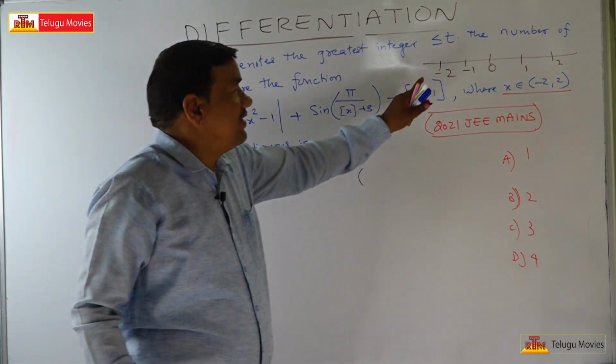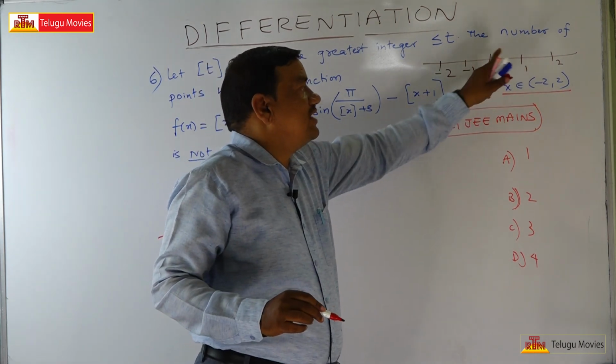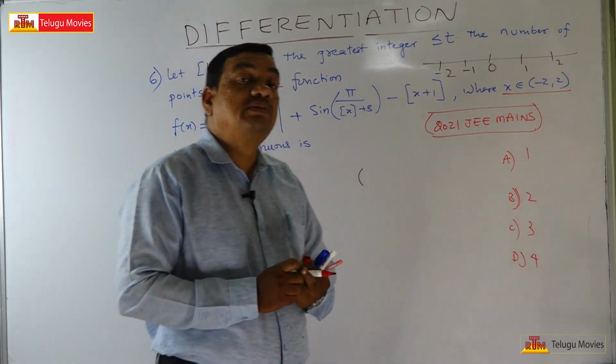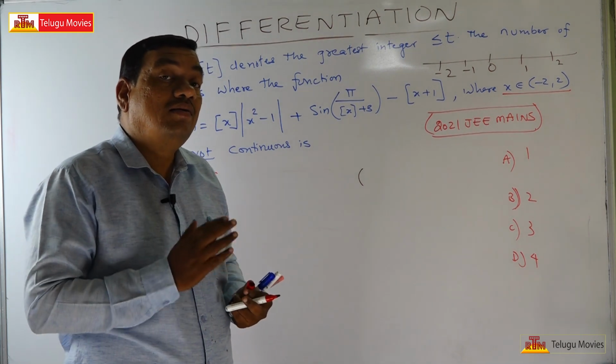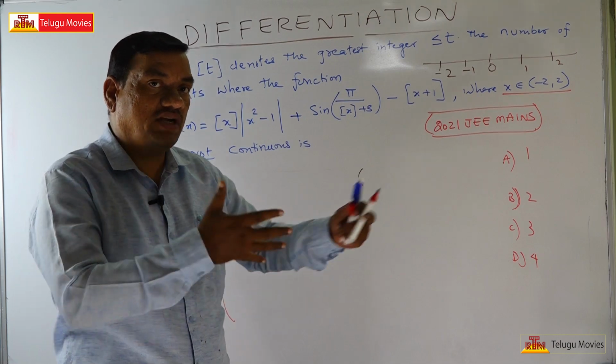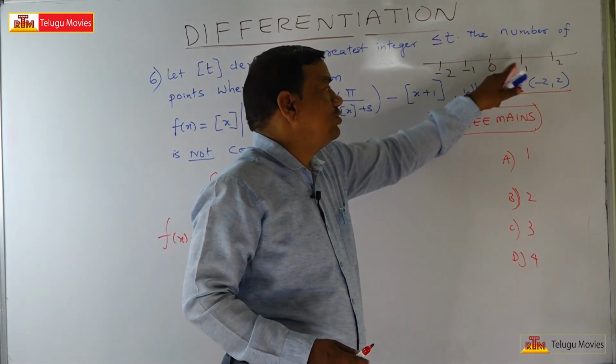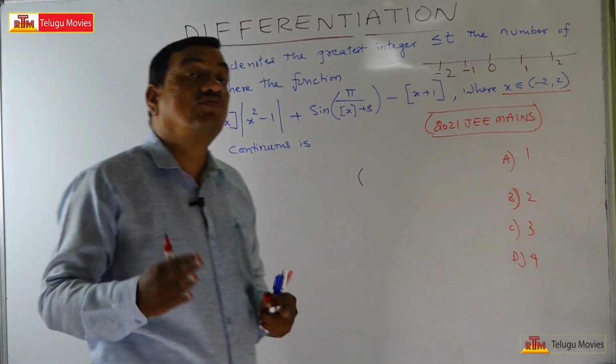First I will define the function from -2 to -1, next -1 to 0, again 0 to 1, 1 to 2. That means I am going to cut this function into piecewise slices. Just like if a cake is there and 4 friends came: -2 to -1, -1 to 0, 0 to 1, 1 to 2, 4 friends, I am making 4 slices.